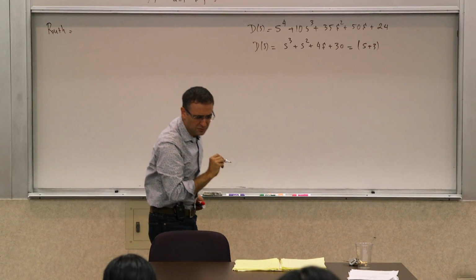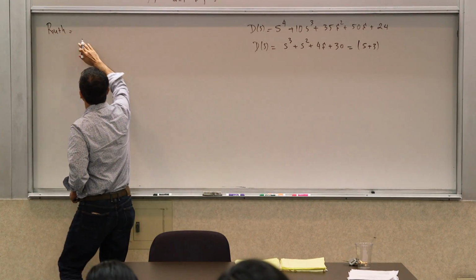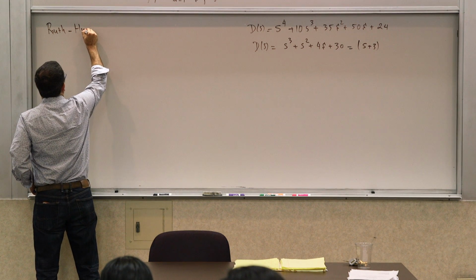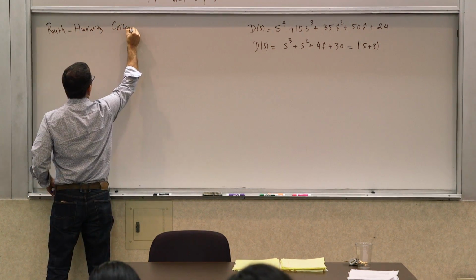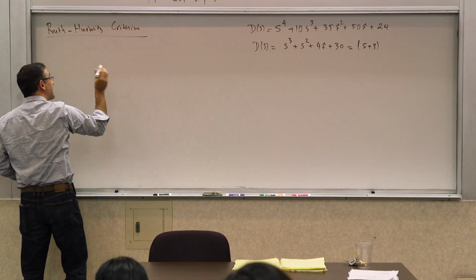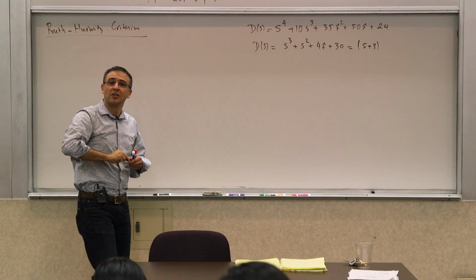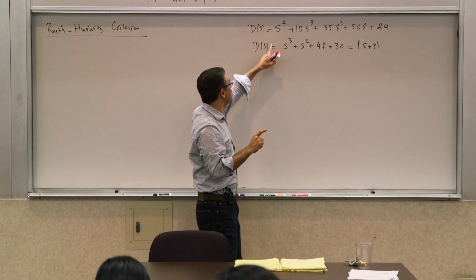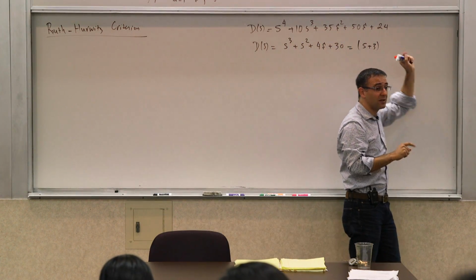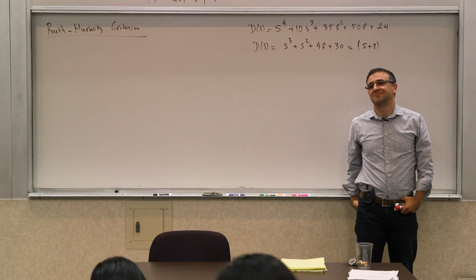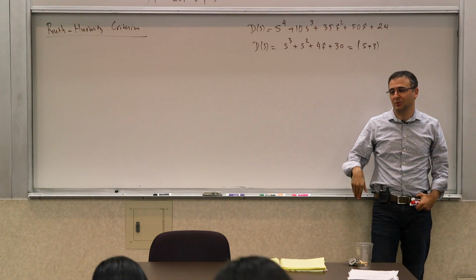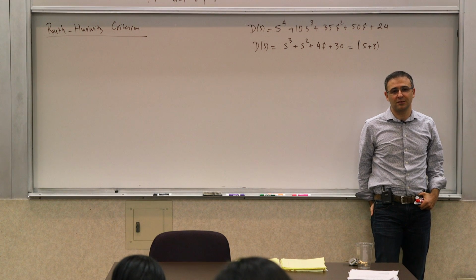The spelling of Routh, I think, yeah, Hurwitz. But that statement is not true. Just because these coefficients are positive, it doesn't mean that all the roots are negative. For example, you can have a pair of complex conjugate poles.